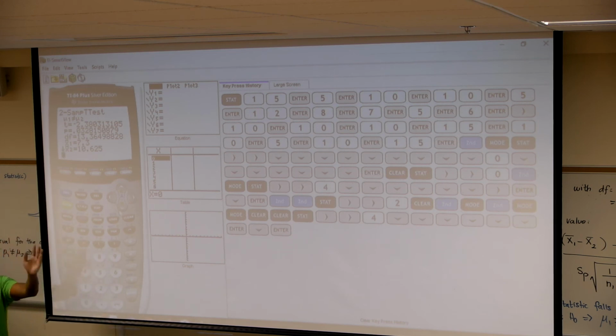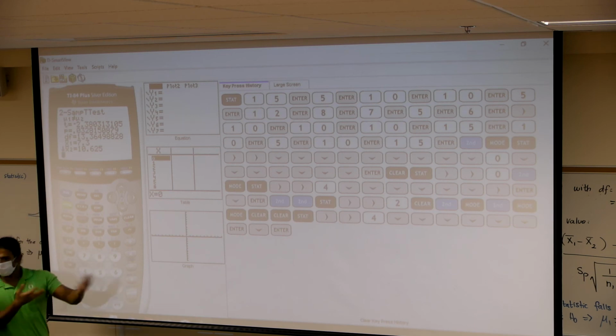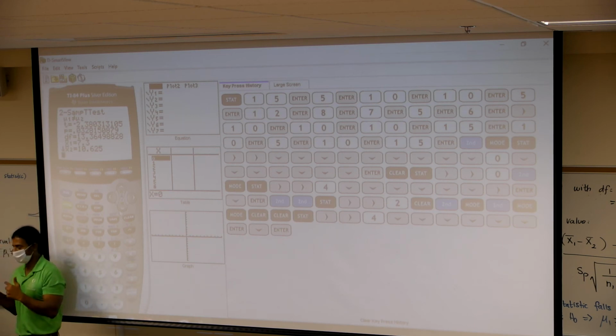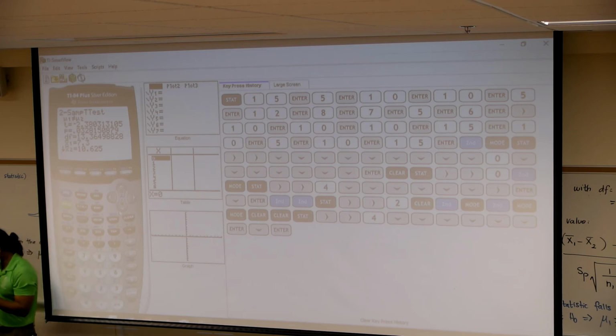Just like the Welch's confidence interval, Welch's two-sample t-test. And you can see I'm getting the same DF that I got when I did the confidence interval. And how do we get it? We get it by using that giant formula. And the p-value, again, it's not so different from the value that we got, in the sense that our conclusion did not change.